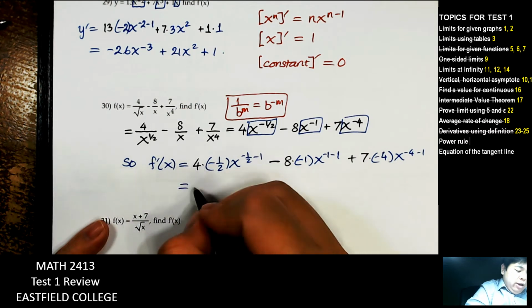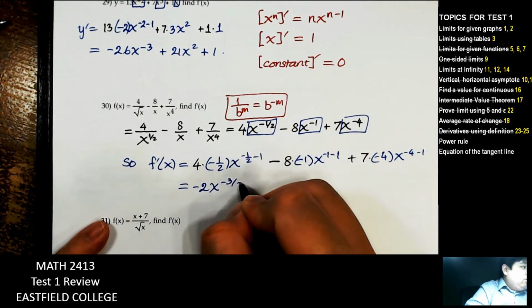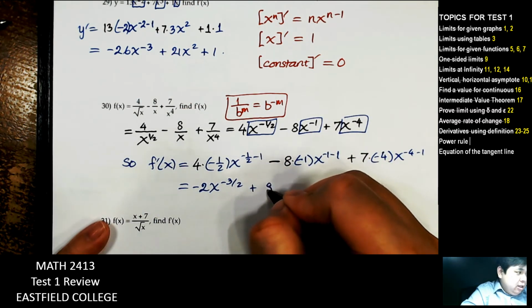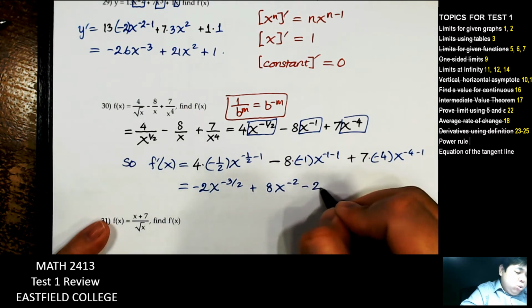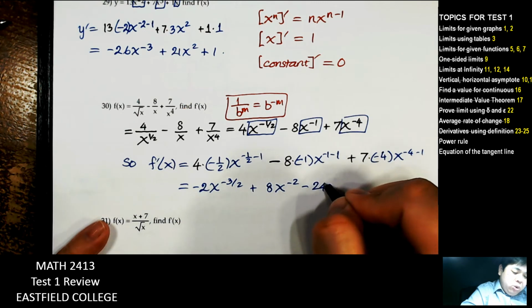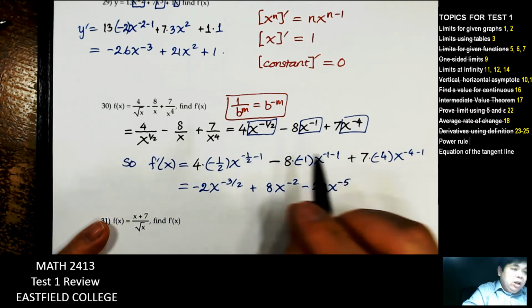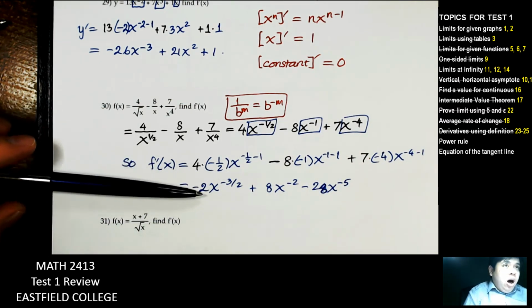So we have negative 2 x to the negative 3/2 plus 8 x to the negative 2 minus 24. 7 times 4 is 28. X to the negative 5. On the test we just leave the answer in this form.